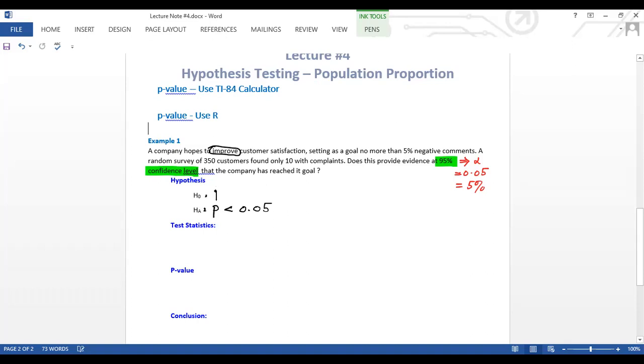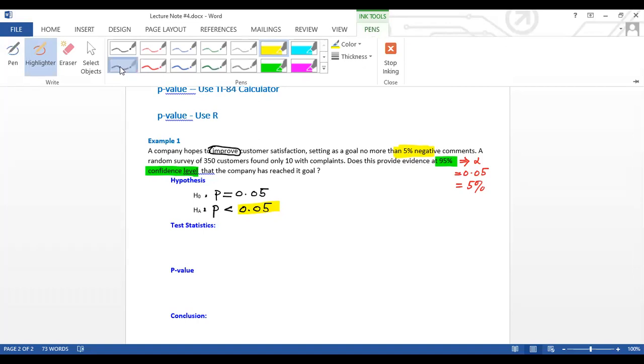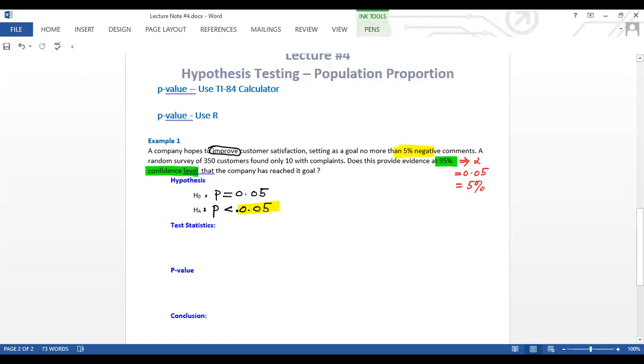And remember, in the null hypothesis it is also 0.05. Don't get confused by both being 0.05. This 0.05 is related to what the problem says, because I want less than 5% complaints. That's why you write your alternative hypothesis, p is less than 0.05.